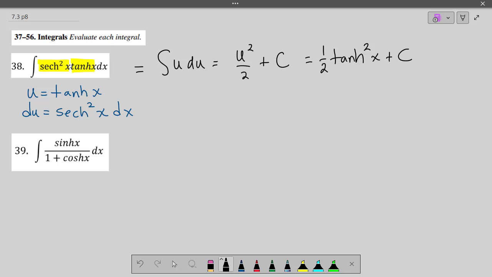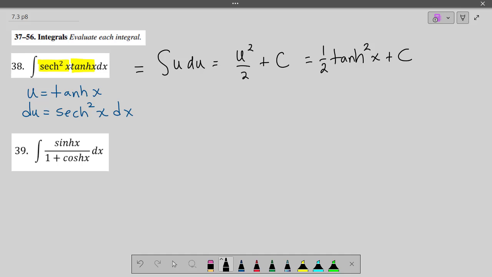If we're dealing with a fraction, most of the time we want to let u be the denominator, because then its derivative hopefully is the numerator, or some multiple of the numerator. This one has an extra special quality, though. The denominator's derivative is what? Which is the numerator. So we're done.